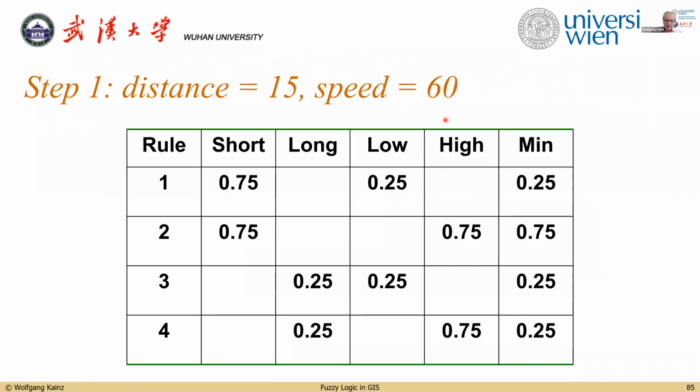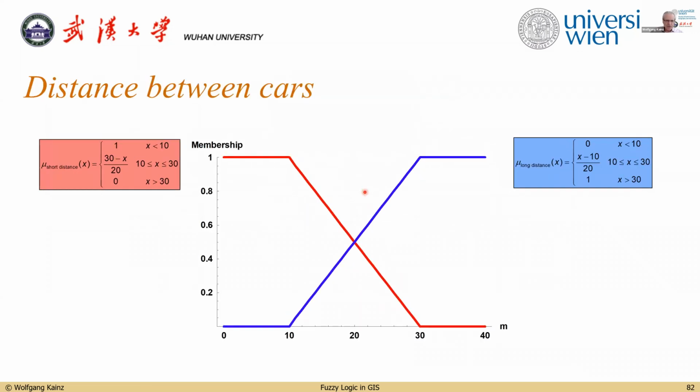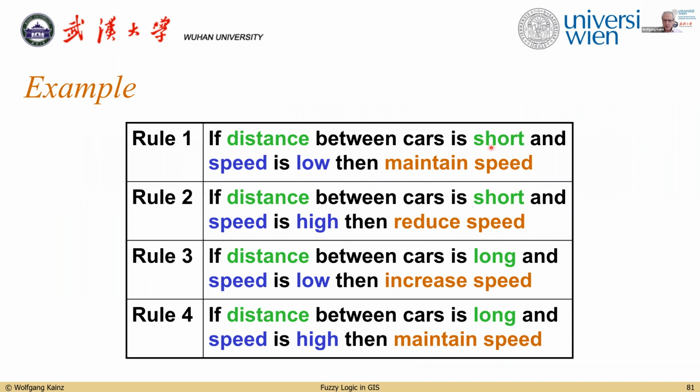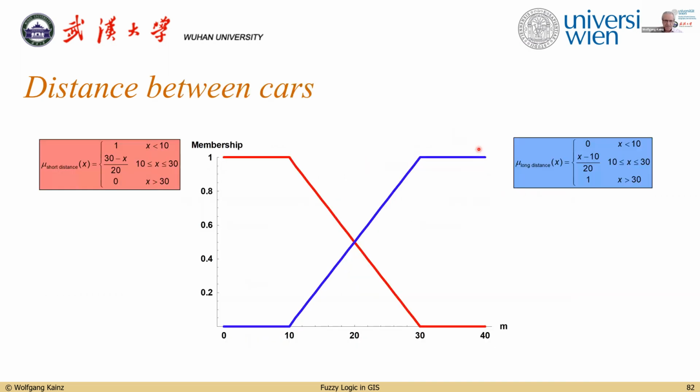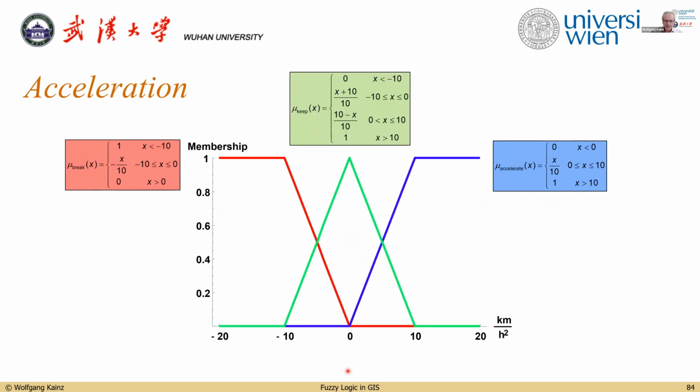In step 1, we have to take distance 15 and speed 60 and start at rule number 1. So rule number 1 said distance short, speed low. So we have to apply distance of 15 to short. Short distance, 15. So we end up with a value somewhere here, 0.25 or something like that.